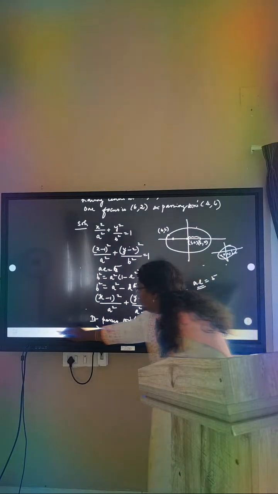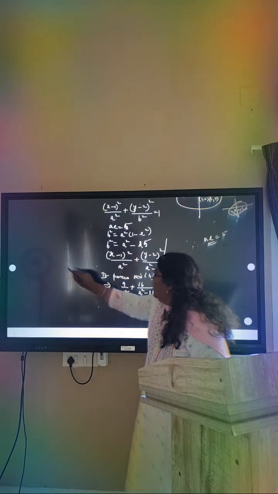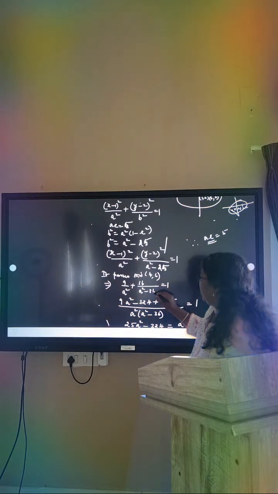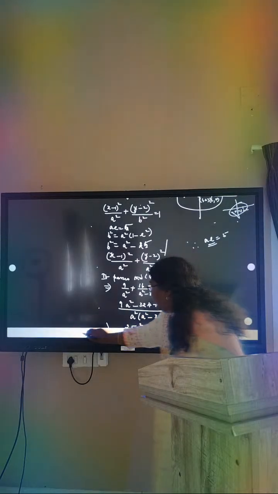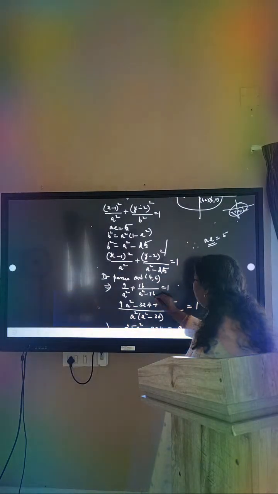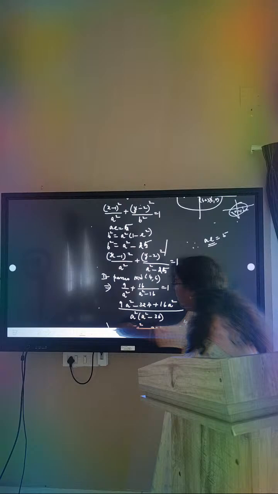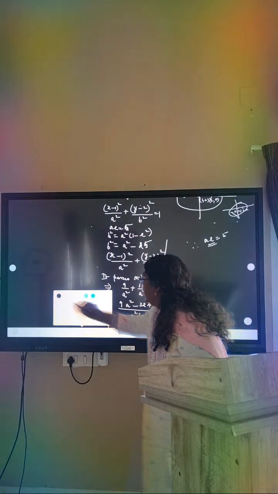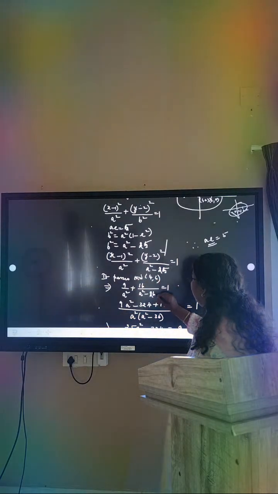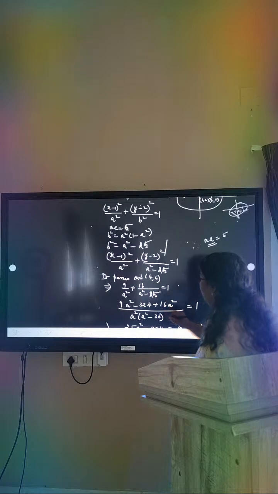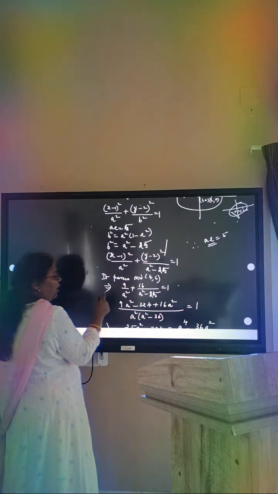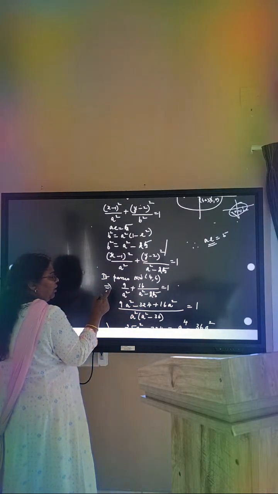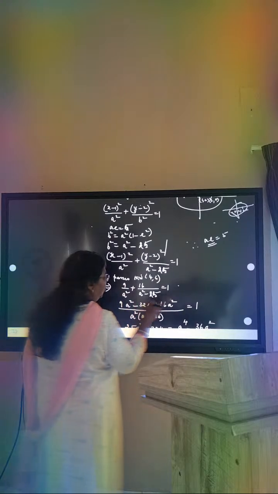And it passes through. The rest of the things are the same. Okay, so it passes through this. So here again it is 25. I have to change. So change this by 25. Okay, so 25. Sorry. So here it is 25, and when you cross multiply and all that, you get 9a squared minus 9 times 25, which is 225.